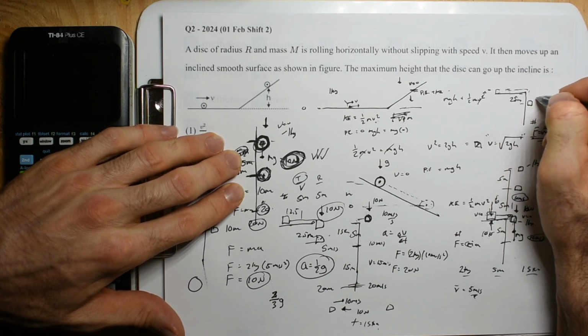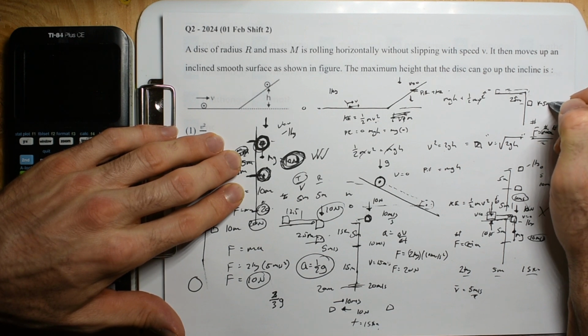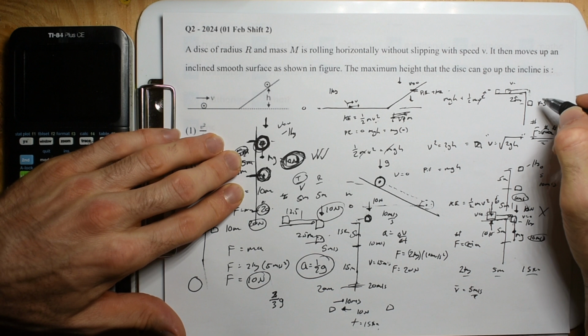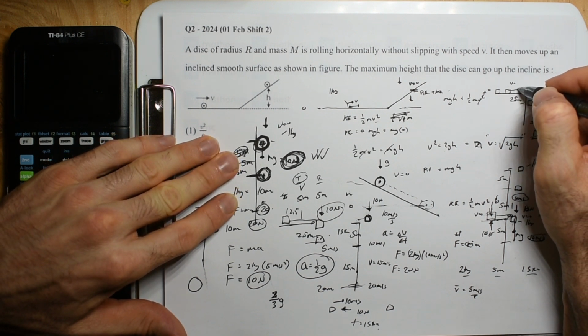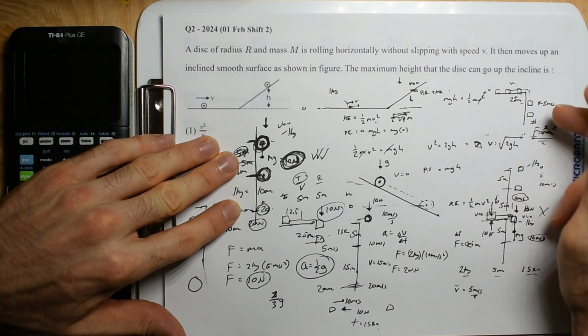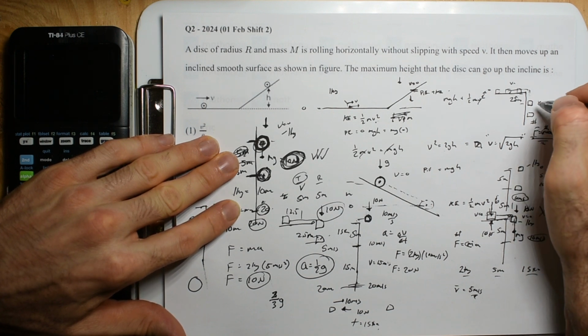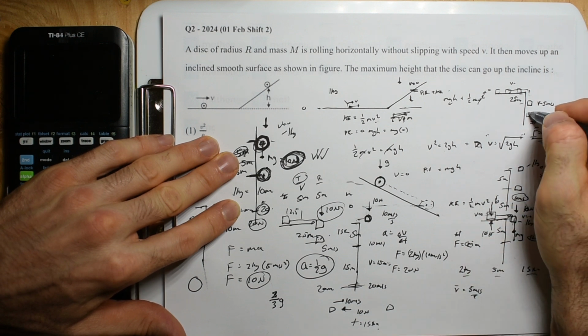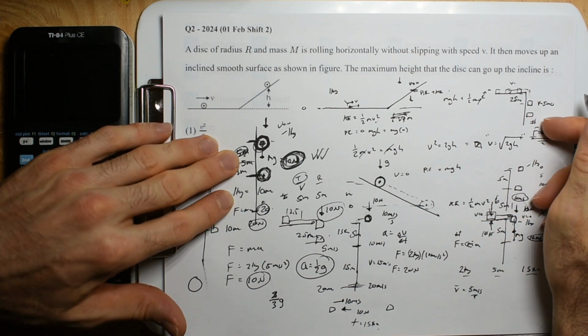And so both these things have a speed of 5 meters per second. And so what we want to do is slow this whole system down to a dead stop in 1 second. So in 1 second, we have to slow this down. And if we put a, let's see.